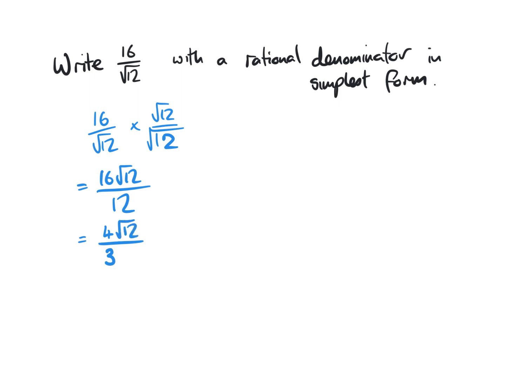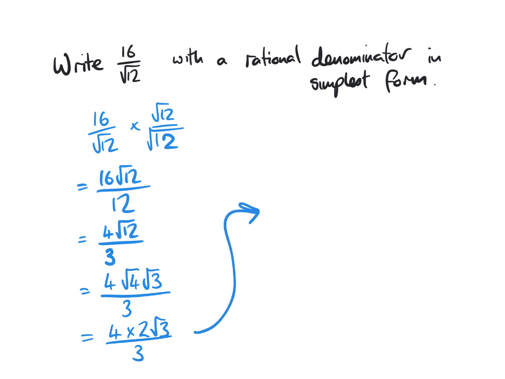And then because I've simplified this part, I can then check, can I simplify the root 12 part here? So the square root of 12, there is a square number that goes into 12. It's 4. So that's 4 times root 4 root 3, so the root 4 root 3 is in place of the root 12, all over 3, which is 4 times 2 root 3 over 3, and I've run out of space here, so I'm going to bring that up, which is equal to 8 root 3 all over 3.